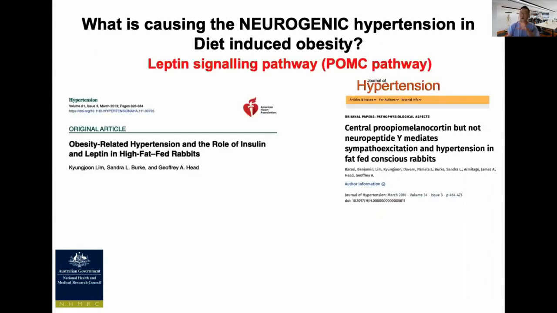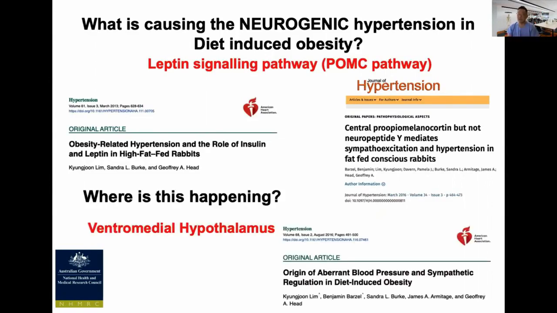We also know where this is occurring. It is happening in the ventromedial hypothalamus, and we have shown that this is the origin of the changes in blood pressure and sympathetic nerve activity in obesity-related neurogenic hypertension.